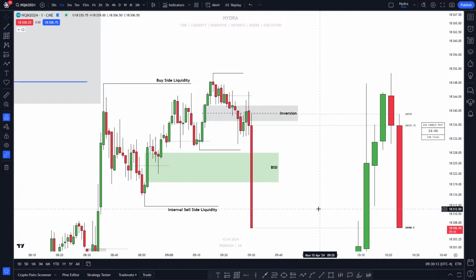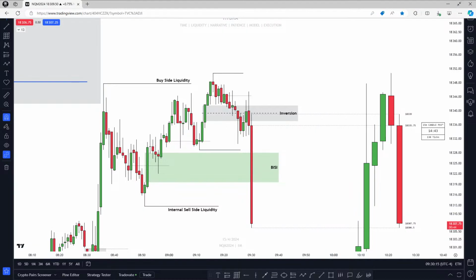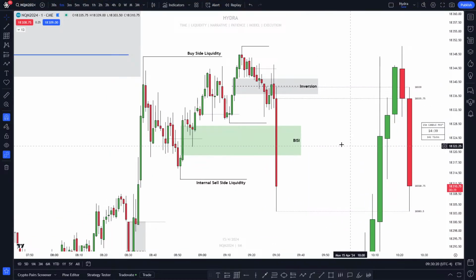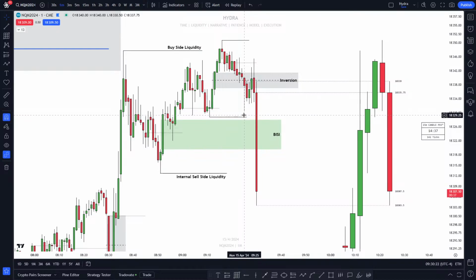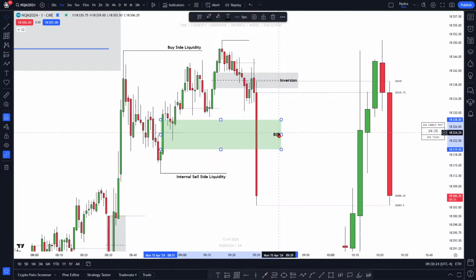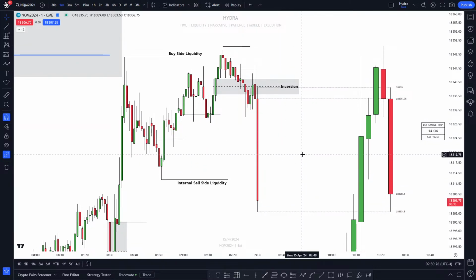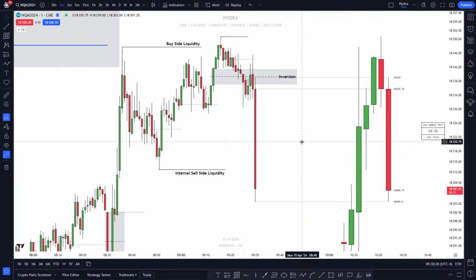So we did reverse, right? We reversed by leaving all these equal highs. Tricky market structure. And we came to where?